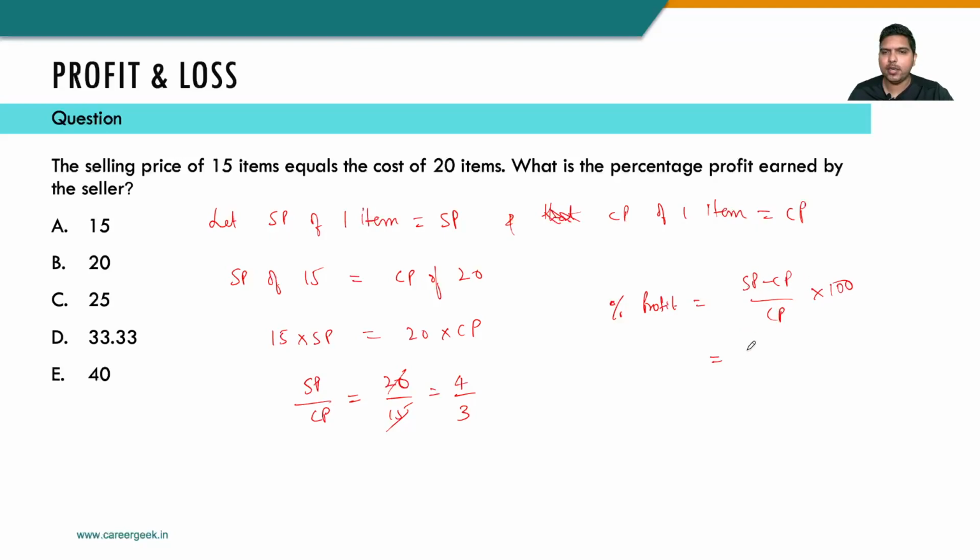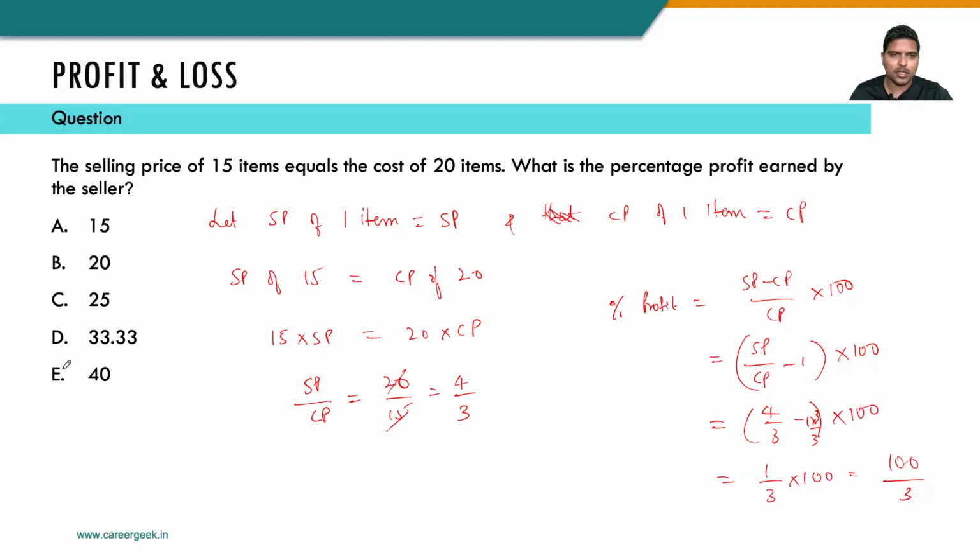Or when we separate, we get (SP upon CP minus 1) times 100, which is (4 upon 3 minus 1) multiplied by 100. So you can use the common denominator method, multiply and divide by 3. So (4 minus 3) upon 3, which is 1 upon 3, or 100 upon 3. So if you calculate, you will get 33.33, right?